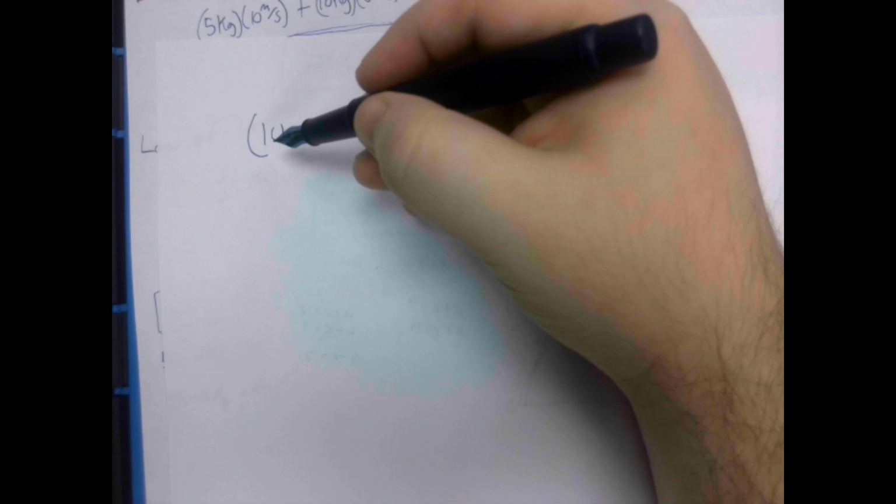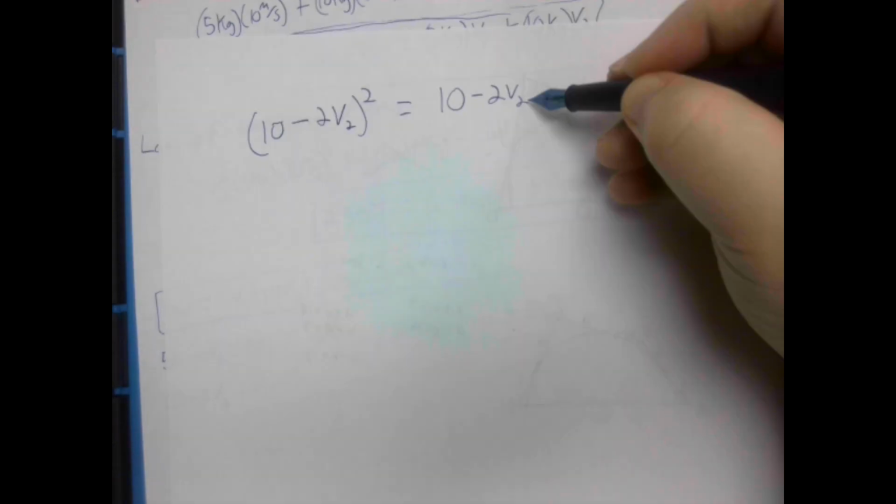Anything squared is just itself multiplied by itself. You can solve this in two different ways. You can use the FOIL method. 10 times 10 is 100. 10 times negative 2v2 is negative 20v2.